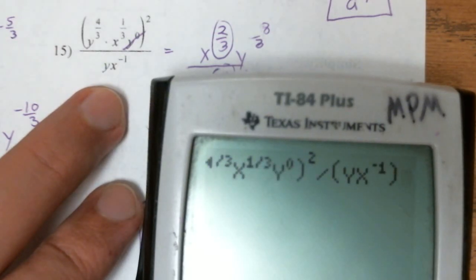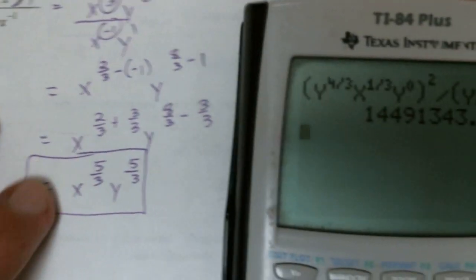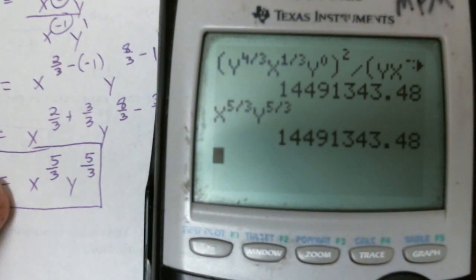Drop the cursor, close the parentheses, I get that huge number. Now let's do x raised to the 5/3. Drop the cursor, alpha y raised to the 5/3. And they match.